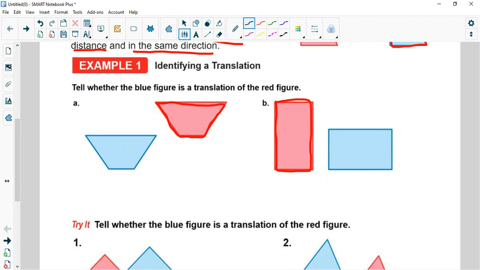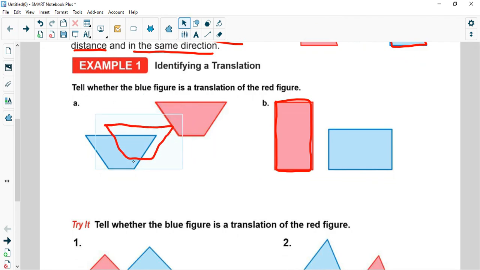Tell whether the blue figure is a translation of the red figure. We want to know, to go from the red to the blue, are we just sliding the image? So take, for instance, the red outline. If I slide it left and down, it just fits directly on top of the other shape.